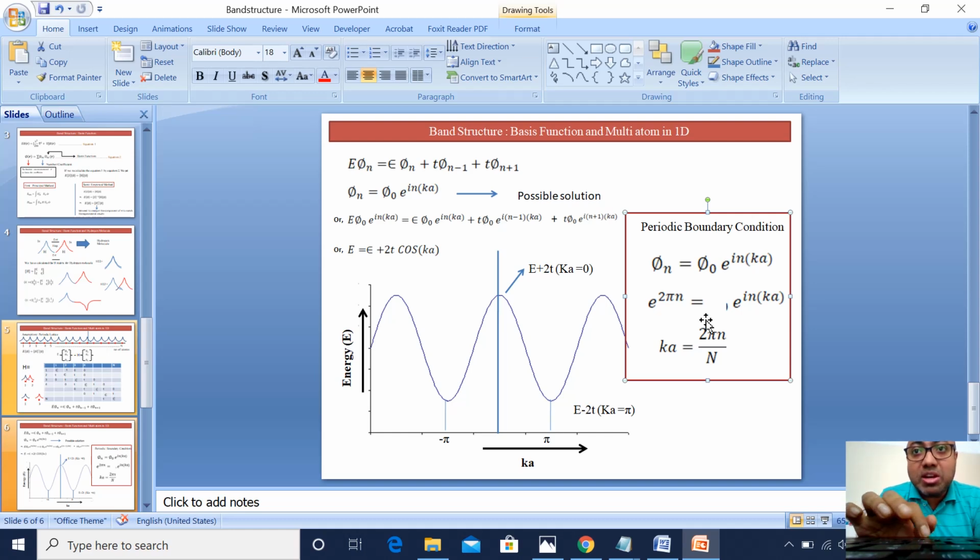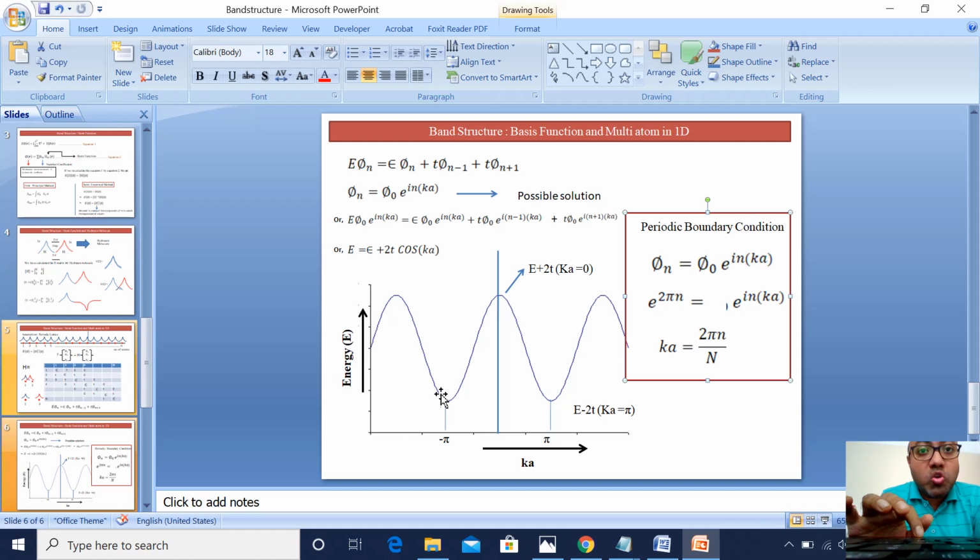That you can also calculate. 2 pi (n plus 1) by N minus 2 pi n by N. If you subtract, you will get 2 pi by N. So 2 pi divided by 2 pi by N gives you N solutions. That means within minus pi to plus pi, you get all the solutions, which is nothing but capital N.